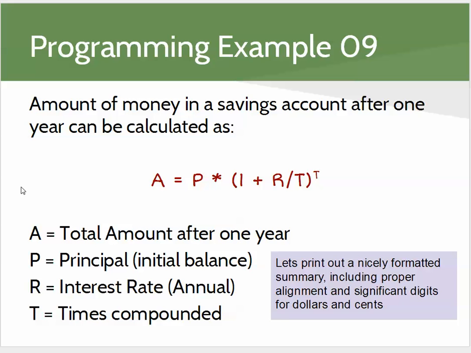So I'm going back to what is essentially the same as programming example 8. All I've done now is modify the problem statement to say, let's print this stuff out nicely. For instance, let's make our interest rate print out with maybe 1 significant figure. Let's make the dollars and cents print out with 2 significant figures. And then let's have this table print out in a nice form.